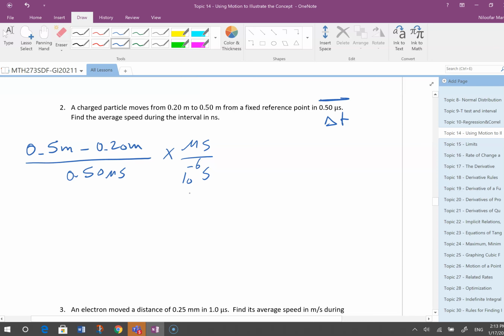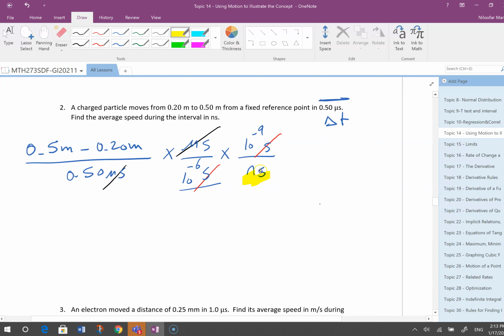So we use Math 171 conversion. I want to cancel microsecond, so I write microsecond up, and I want to bring second. I write this down. Multiply, nanosecond is 10 to the power minus 9 second. Then I can cancel this and this, and this and this.